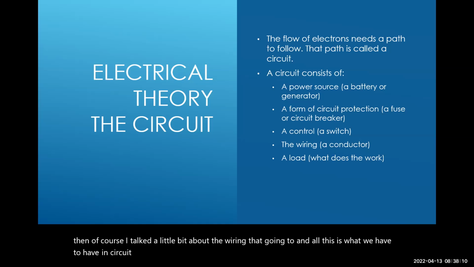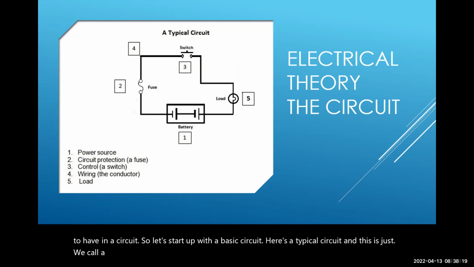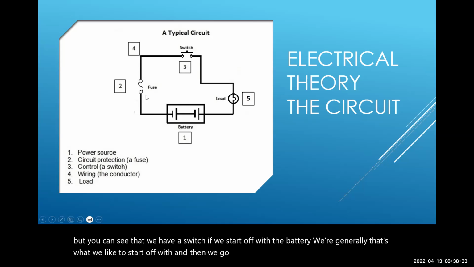So let's start with a basic circuit. Here's a typical circuit, what we call a series circuit, and we'll get into the different types of circuits as we go along. If we start off with the battery, which is generally what we like to start with, then we go through the wire. This little line here is considered the wire.